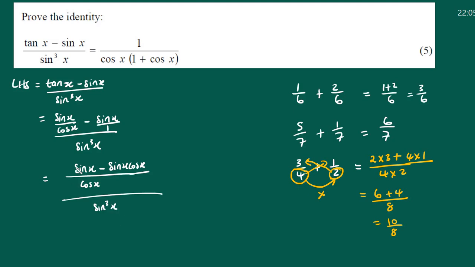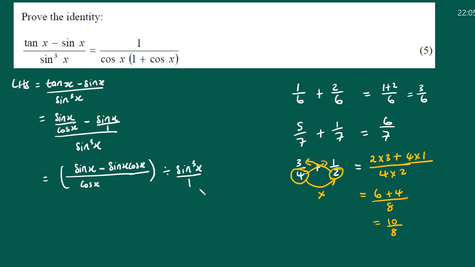Now usually when we have the numerator as a fraction, for you to make your life easy, try to change this sign into the normal division sign we learned in lower grades. So try to write it as divided by sine cubed x. Remember, this is sine cubed x over 1.